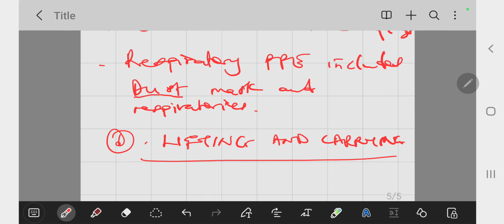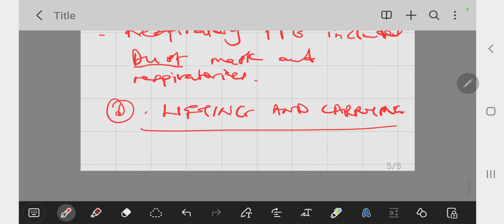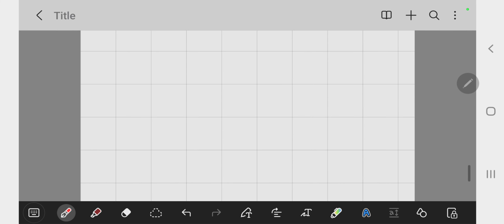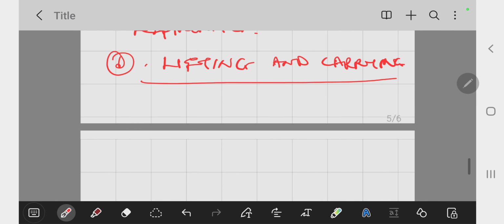This one is looking at how you can protect yourself from injury to the spinal cord or your back. There's a certain way in which you can prevent that, and this is what we are looking at in this particular section. Maybe you need to take note of these points.